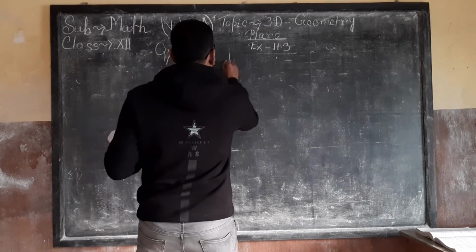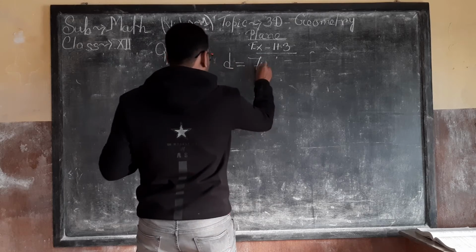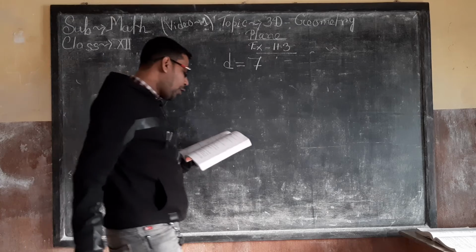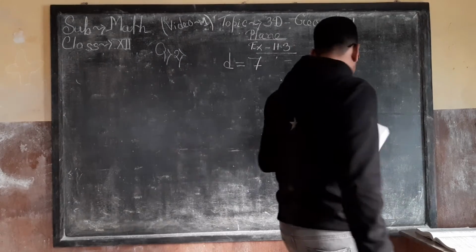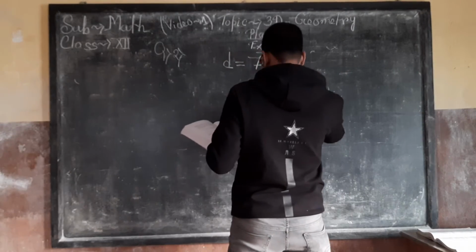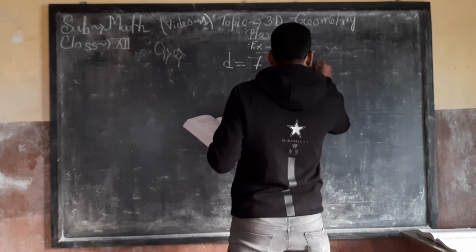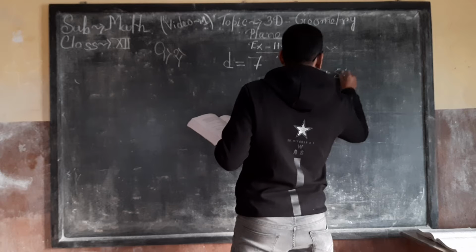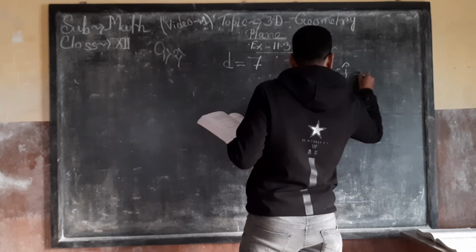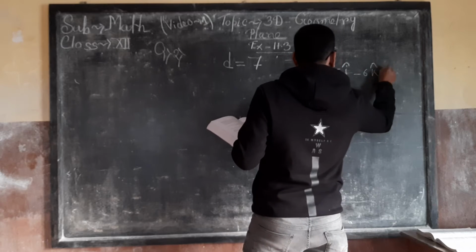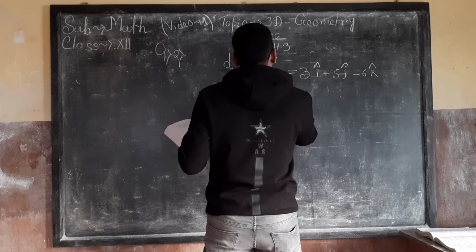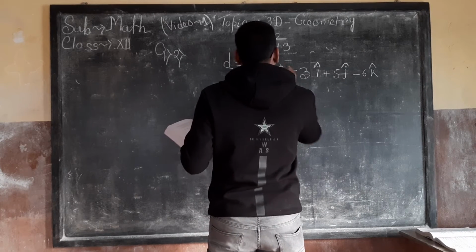That means d is given, this is 7, and the normal vector is 3i cap plus 5j cap minus 6k cap, and it is nothing but the n vector.